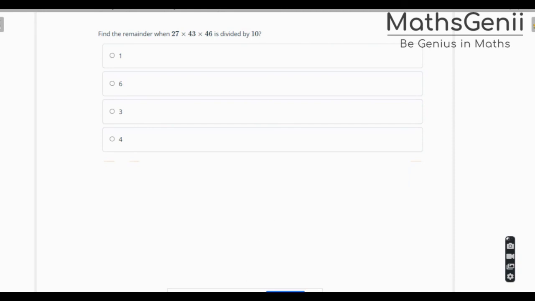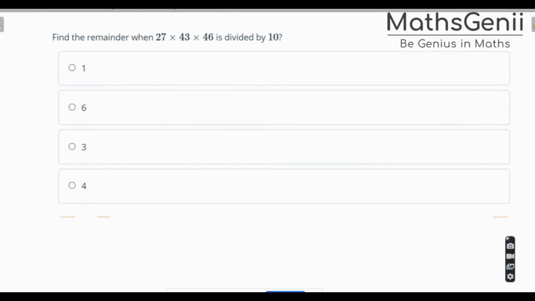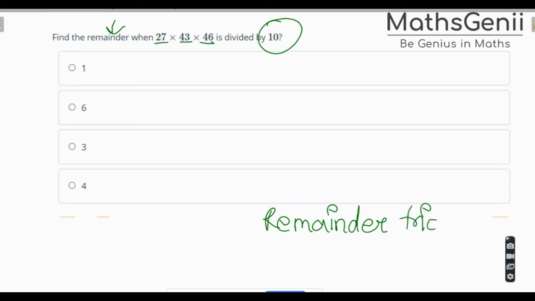Now let's look at this. There is a trick to this. Pay attention. Always in multiplication. So here everything is in multiplication, right? What is the remainder? So this is the remainder trick for 10.